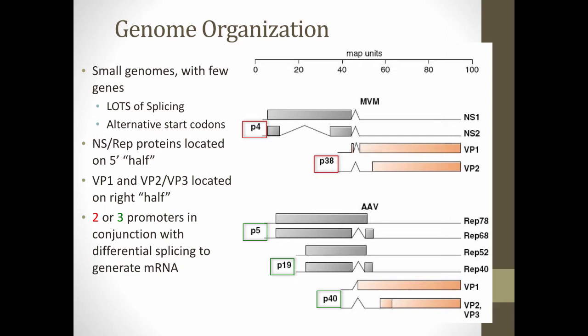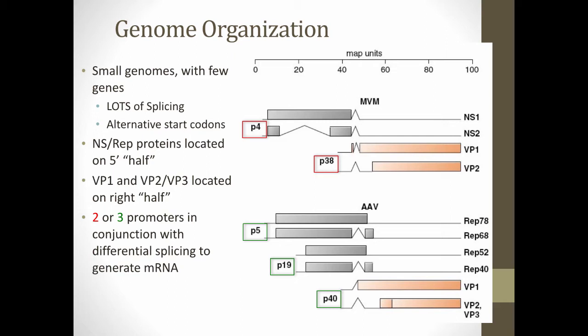These are now completely dependent on cellular processes, but not even just dependent on cellular processes. Most of these viruses are the dependoviruses, which also depend on infection by a different virus.